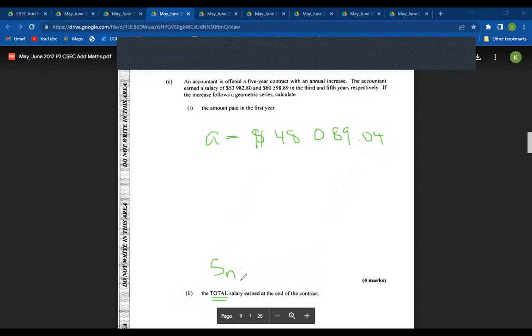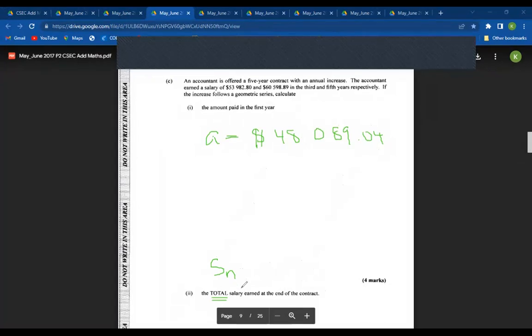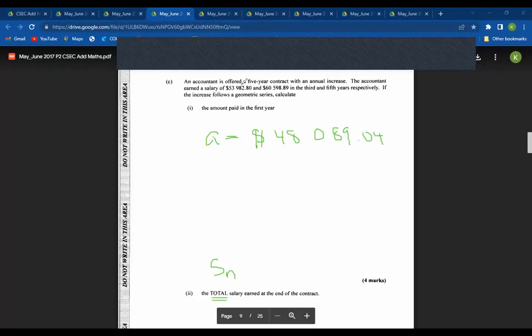For sure, no doubt about it. But you need to know what is N. So go back to your question. An accountant is offered a 5-year contract. At the end of the contract, it was for 5 years. What does that mean? My N is actually 5.